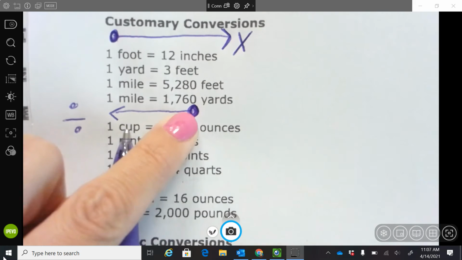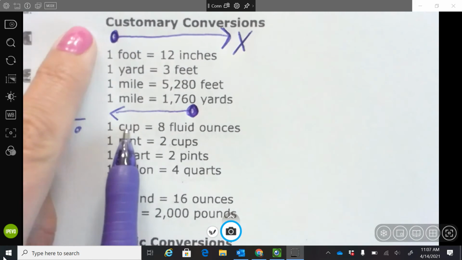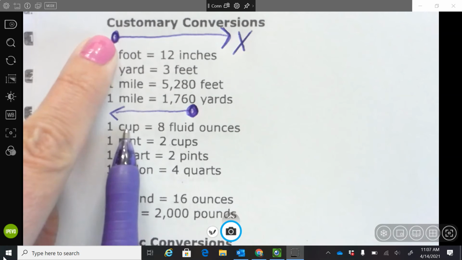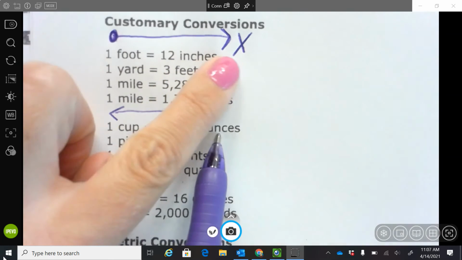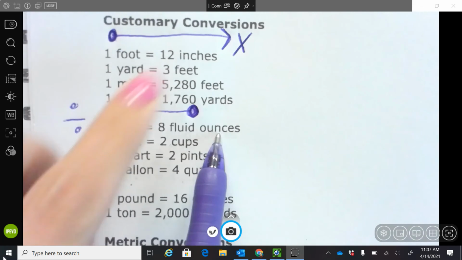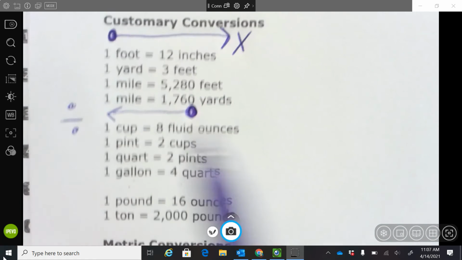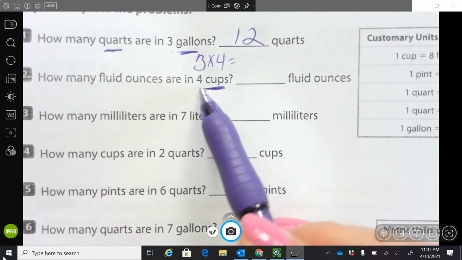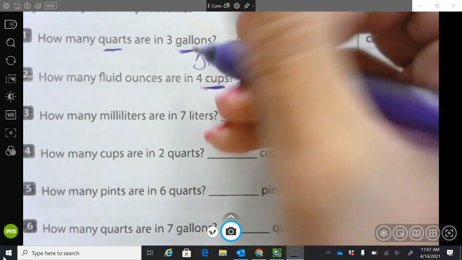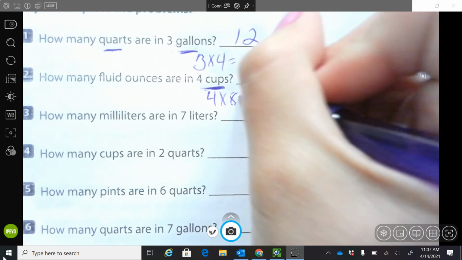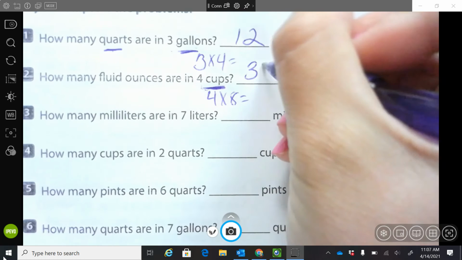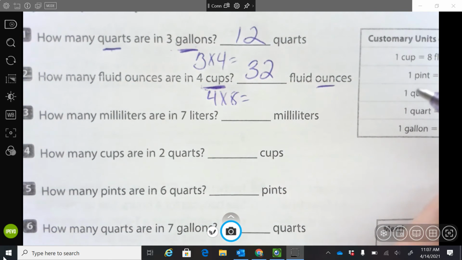So is our starting point this? No. Is our starting point this? Yes. And we're moving to ounces. So we're going to multiply. So we're going to multiply 8 times 4. 4 times 8 gives us what? 32 ounces.